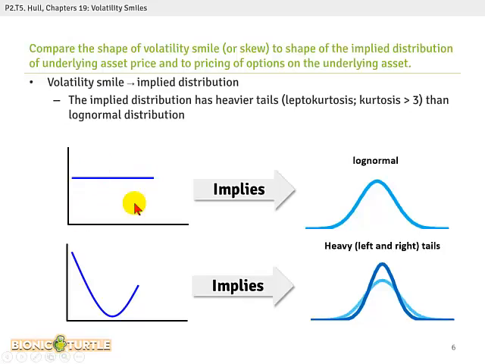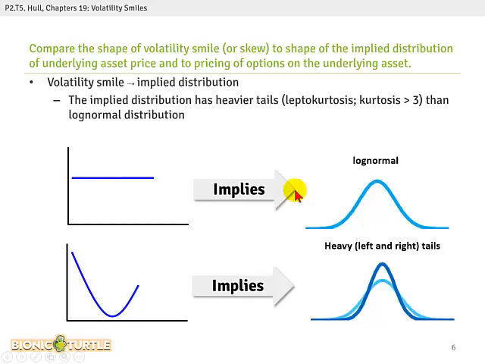Put in terms of the volatility smile, just because the option moves from, let's say, an out of the money put to an in the money put, we're not changing the volatility assumption. So a stock that behaved according to the log normal property would be consistent with an implied volatility smile that is in fact flat.